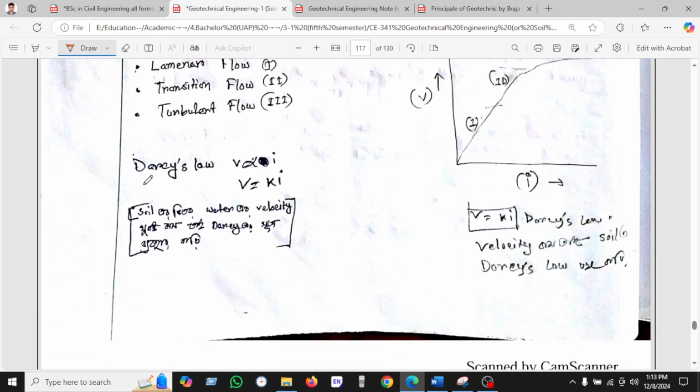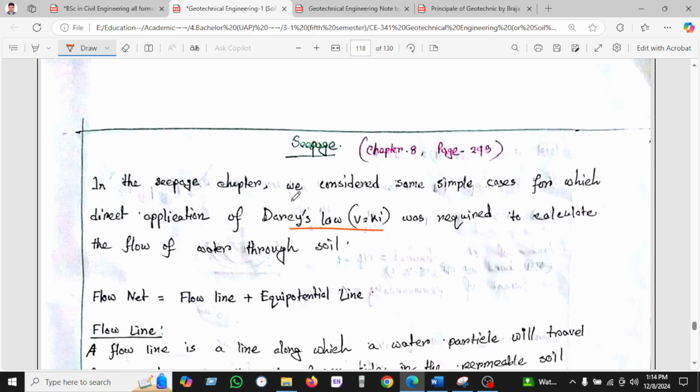But in this topic we know Darcy's law, V equals K i. The velocity is very low, that's why we use this formula.